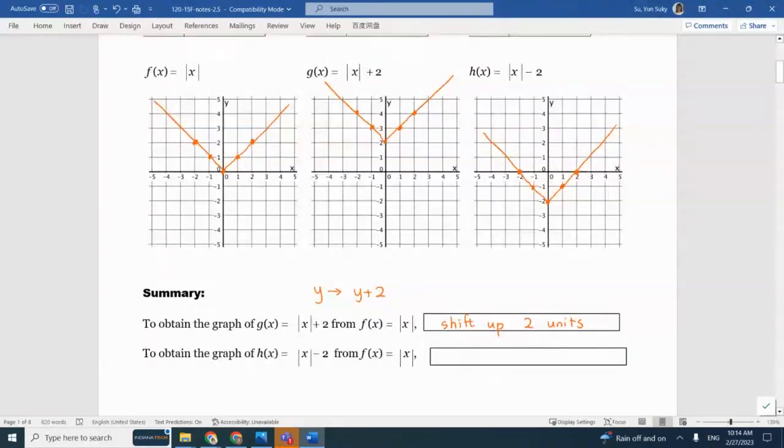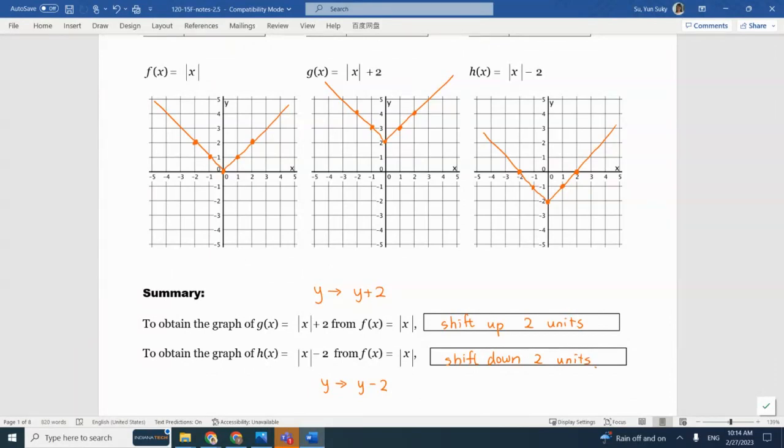Okay, and then how about h? Well, h, we're changing the y, and we subtract 2 units. Everybody sign in? Okay, so therefore, what do you say? Yeah, exactly. Shift down 2 units.